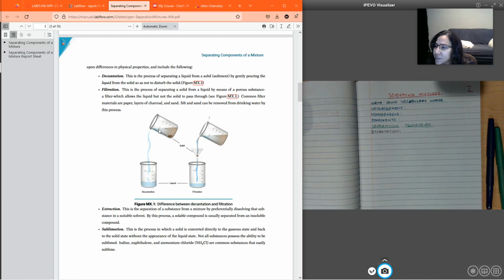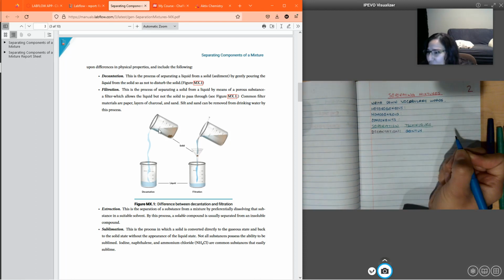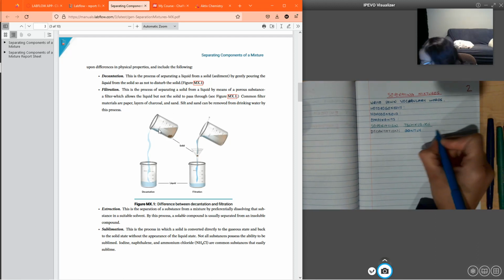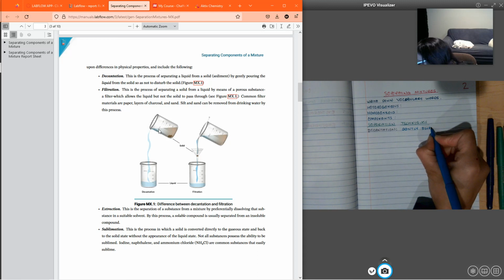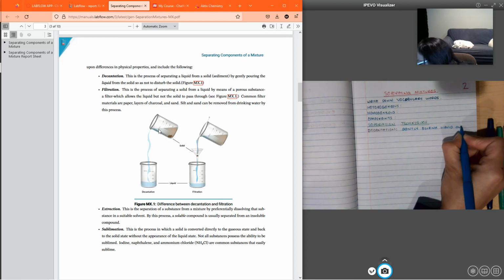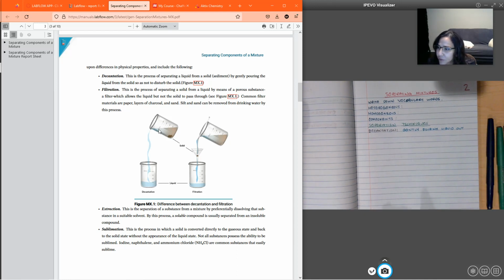What's decantation, right? The process of separating a solid from a liquid by gently pouring the liquid out. So abbreviate. You don't have to write everything down if you know you're going to remember. So gently pouring the liquid out of the container.